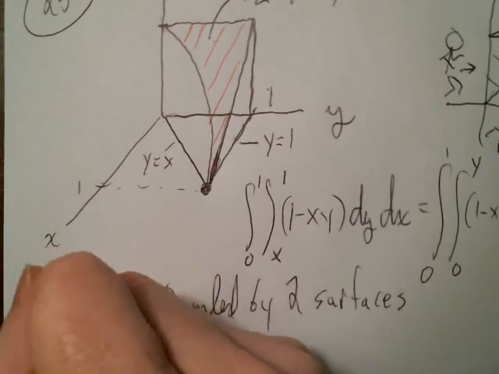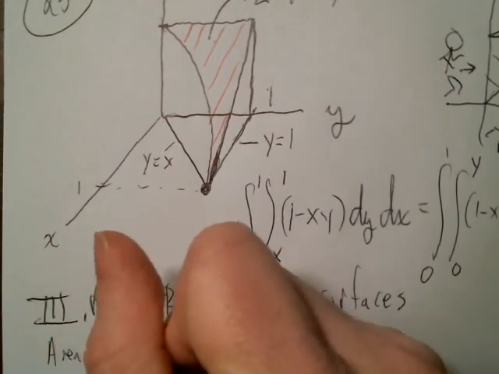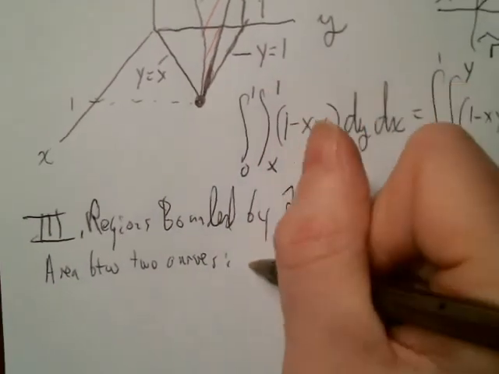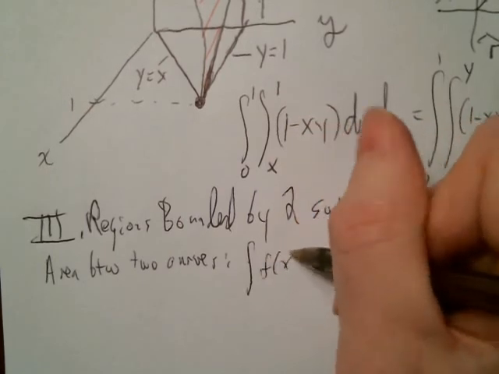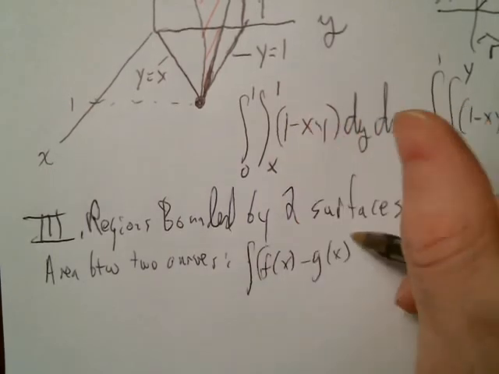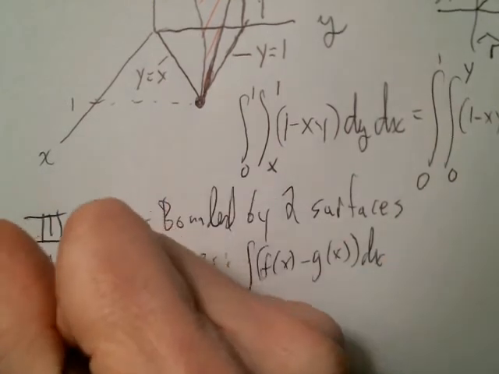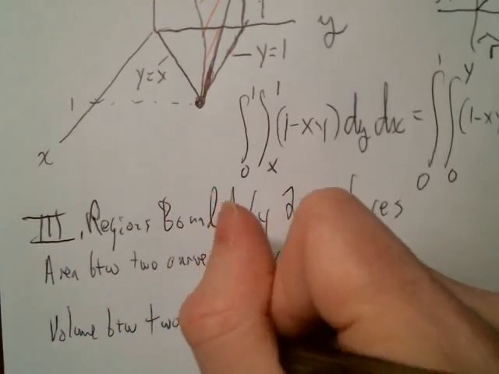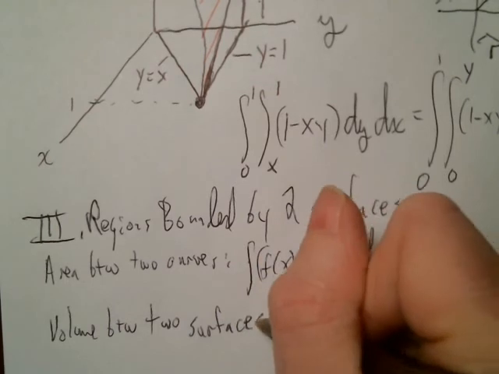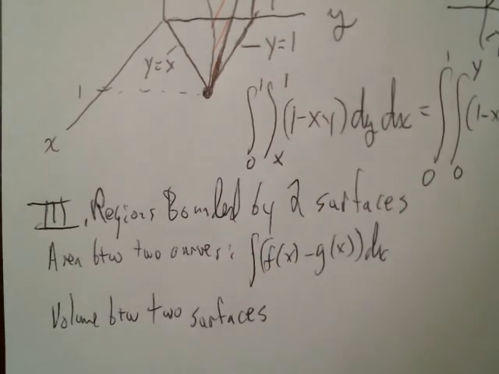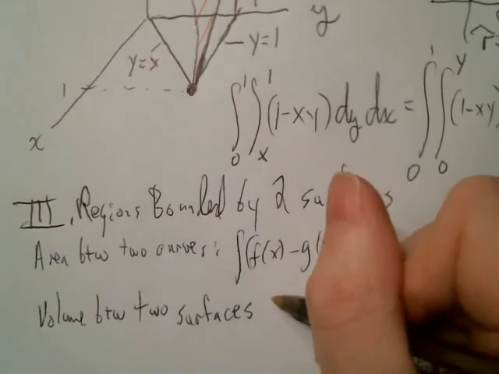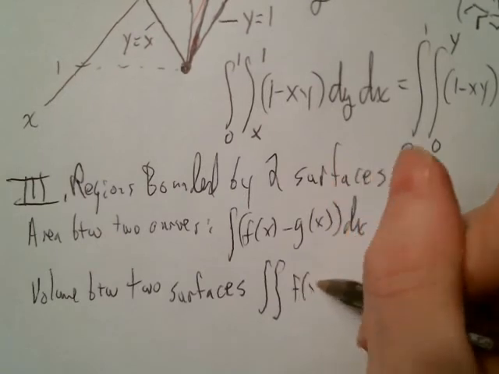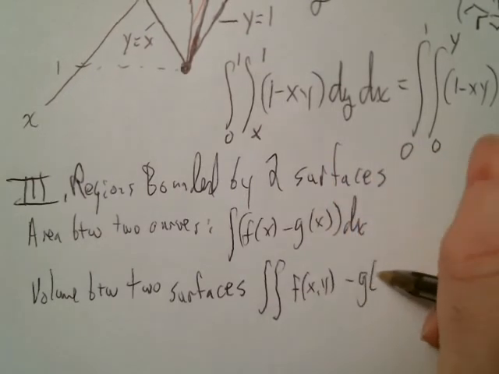So before, for the area between two curves, your integral would basically be f of x minus g of x, the top curve minus the bottom curve. Now, to find the volume between two surfaces, assuming the surfaces aren't doing some crazy intersection business, you're going to be taking the difference of the two surfaces. So you'll have some f of x comma y minus g of x comma y.